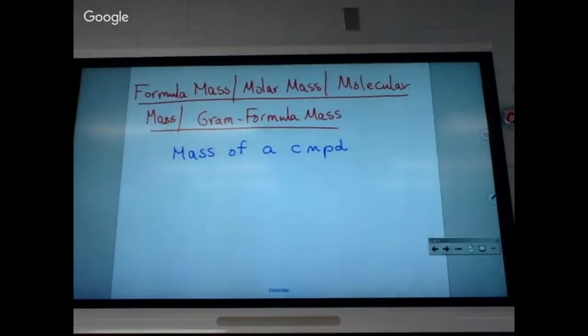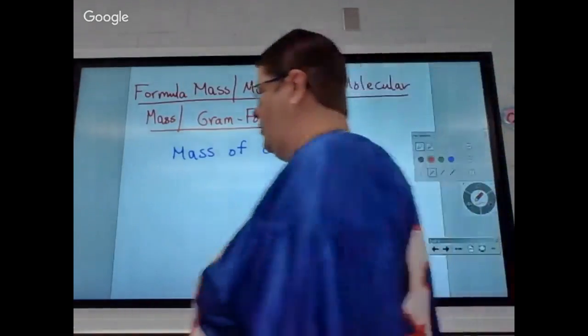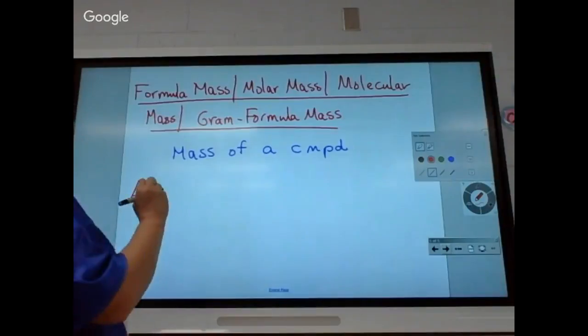Now y'all have learned to write names of compounds. So now we're going to learn to do some math with some compounds. So yesterday we learned to find the mass of the compound using formula mass. So we did sodium sulfate yesterday. So let's do a different one. Let's say that we have aluminum. Let's do dichromate.